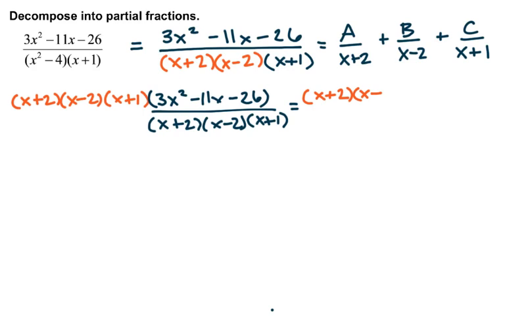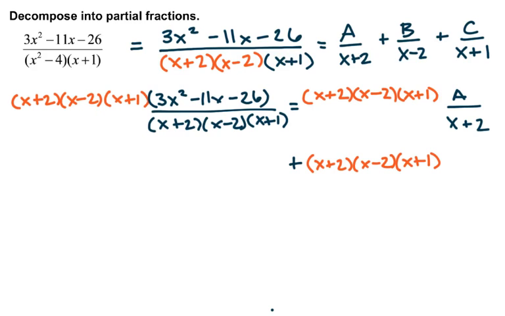So I've got x plus 2, x minus 2, x plus 1 times A over x plus 2, plus x plus 2, x minus 2, x plus 1 times B over x minus 2.